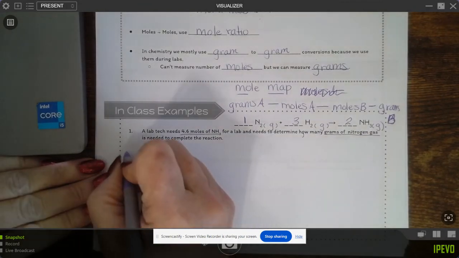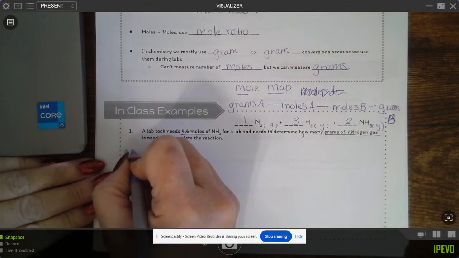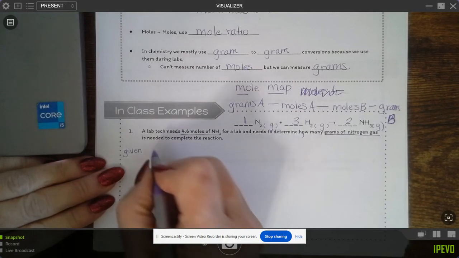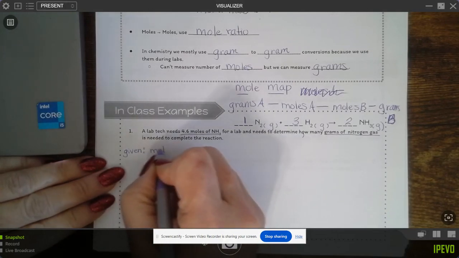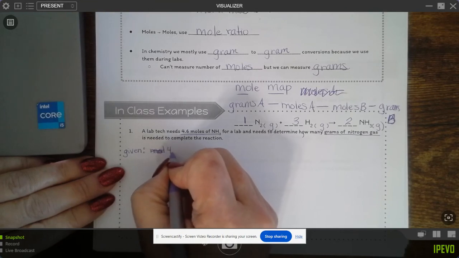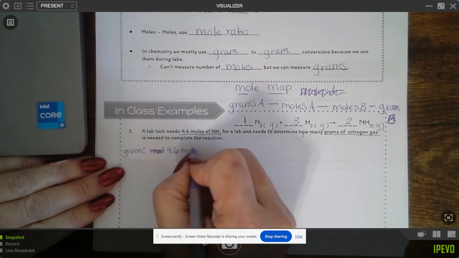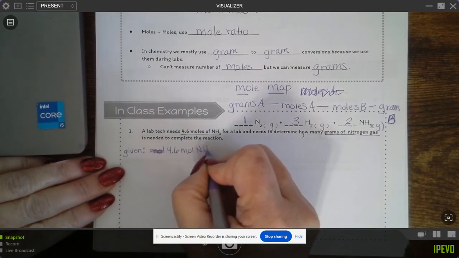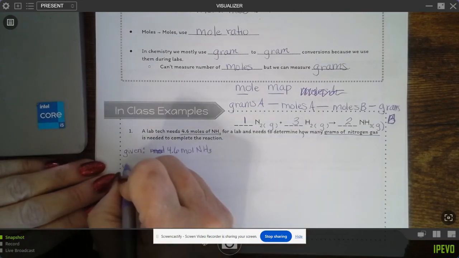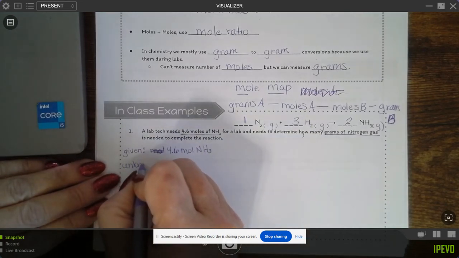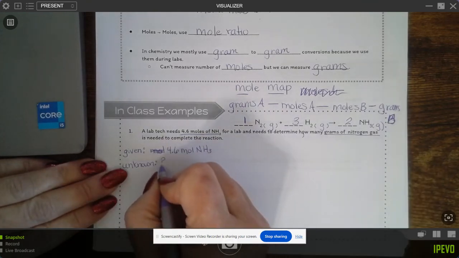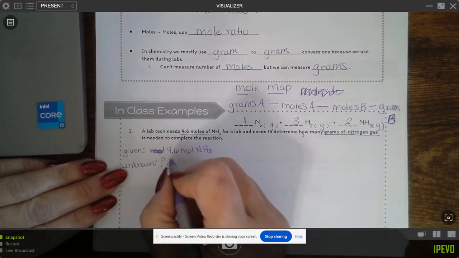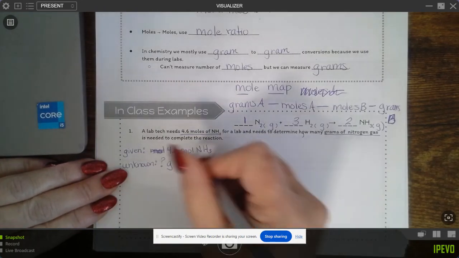So my given is moles. My given is 4.6 moles of NH3. What I'm looking for is grams of nitrogen gas, so our substance is N2.